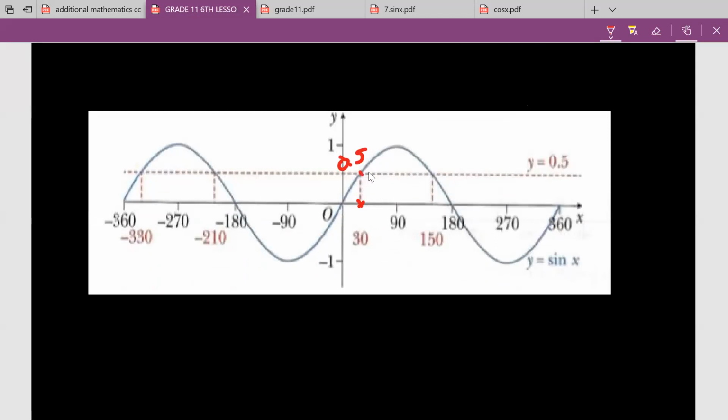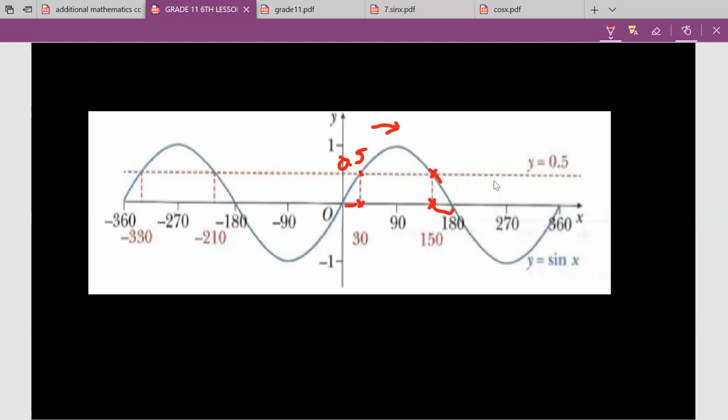And next one, for the positive x-axis, till 360, we have symmetry. At 0.5, it's crossing at 150. You see that? Between 150 and 180, it's 30 degree, and between 0 and 30 degree is also 30 degree. So we have symmetry. Use symmetry to find the values.